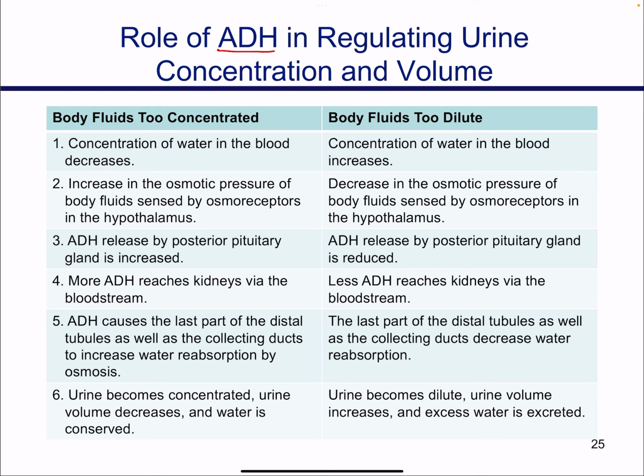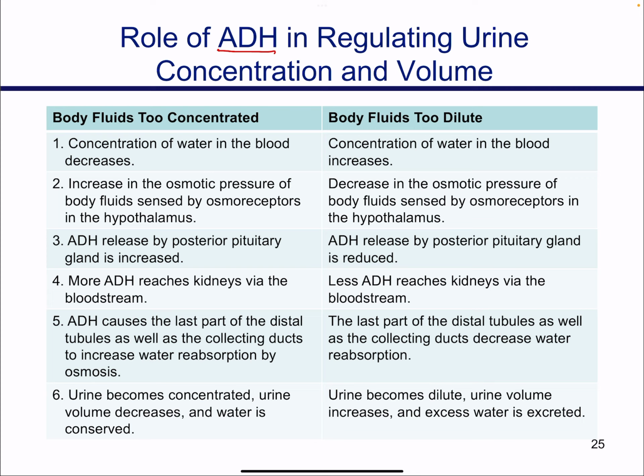So the antidiuretic hormone, which is released by the brain, is going to play a tremendous role in controlling the concentration of the urine and the volume of urine. Whenever you release ADH, your urine is going to be very concentrated. When you are not releasing ADH, your urine is not going to be very concentrated, right?